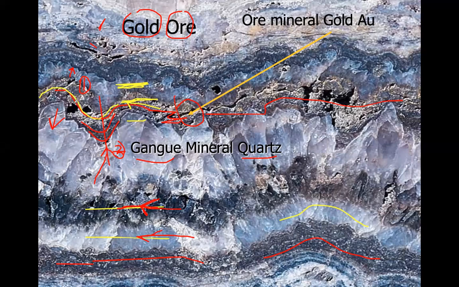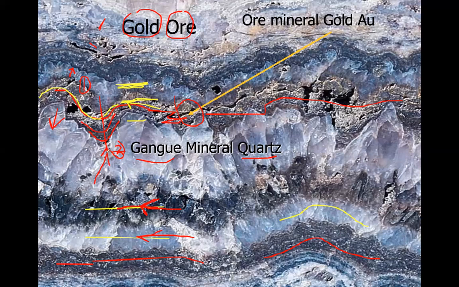That means the first ore generation is here at stage 1, and after that, the tectonic event, the folding event, we can have a second mineralization as well, but here you don't see that one. I'm just taking it as an example.